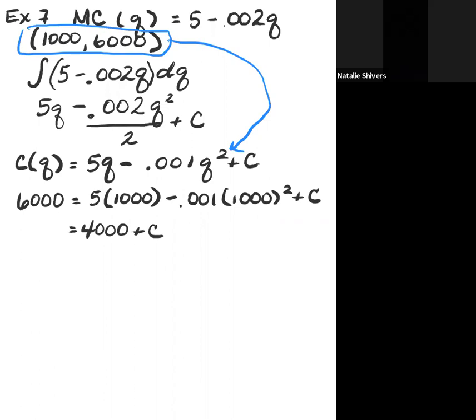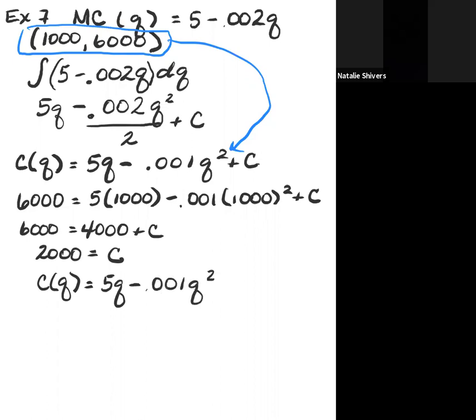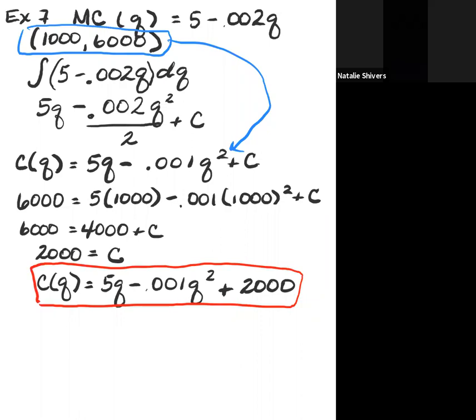Still have 6,000 on the left. Subtract, I get 2,000 equals c. And there is only one function, the cost function, that goes through 1,000, 6,000. That is 5q minus 0.001 q squared plus, now we're going to plug in our 2,000 for c. So we're looking for a very specific function, which is this one right here. So we need to make an equation after we find that 2,000.